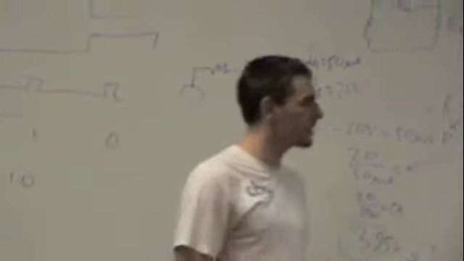Oh yeah, I was going to do one other thing. It's not in the problem, but I thought it'd be cool to talk about it. We talked about JK flip-flops in digital logic, a zillion years ago. And then we also talked about the SR flip-flop. Well, he called it an SR latch.